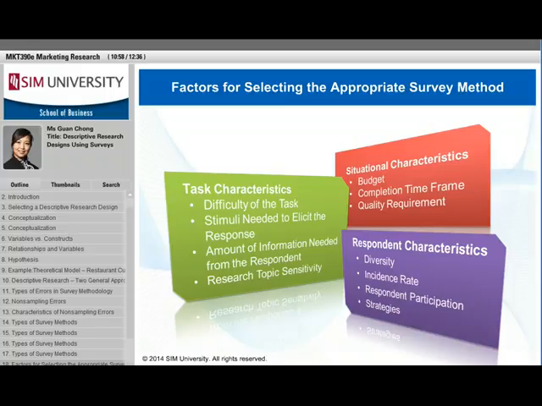Under situational characteristics, we need to take care of budget, completion time frame, and quality requirement. Lastly, under respondent characteristics, diversity, incidence rate, respondent participation, and strategies must be considered.